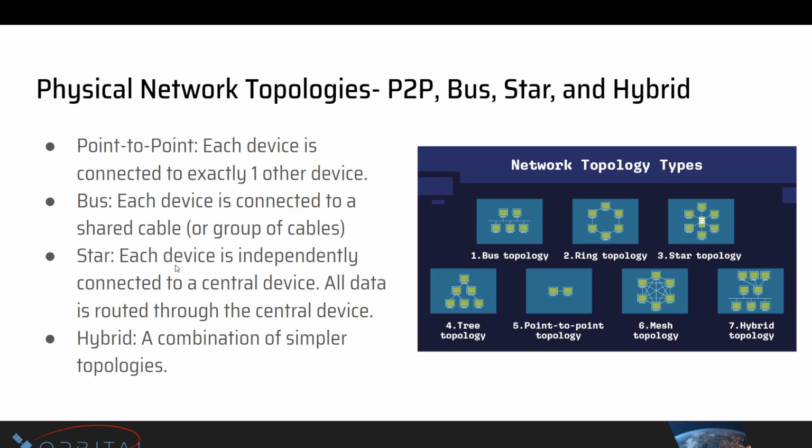And then you have star, where each device is independently connected to a central device, and everything is routed through that central device, kind of like a Wi-Fi router. You have multiple devices connected to it, and then it connects you to the internet. And then you can also have hybrid, which is a combination of multiple of these simpler topologies we mentioned.